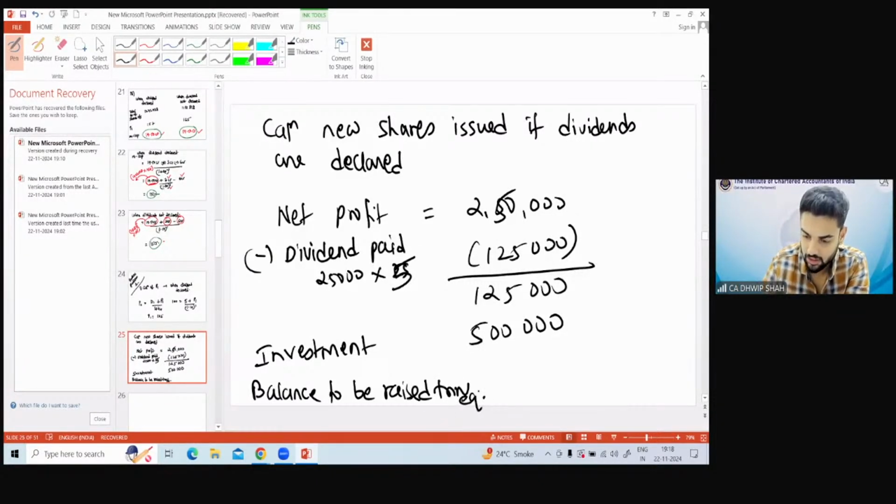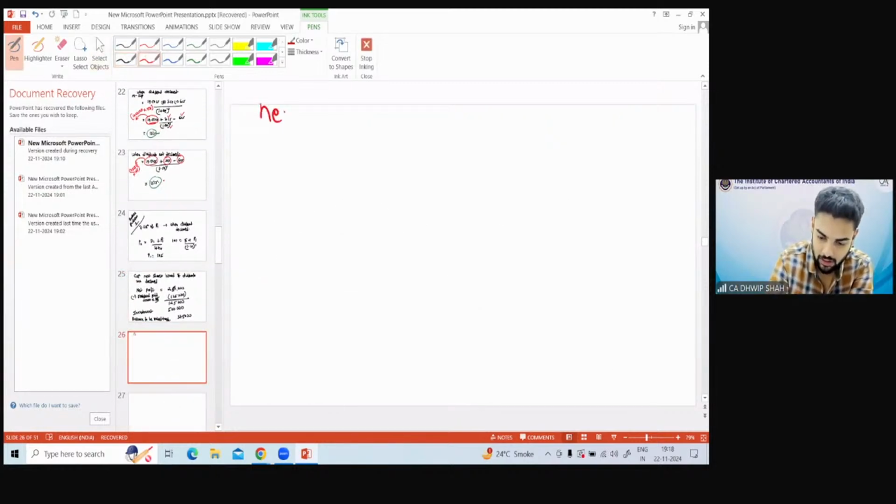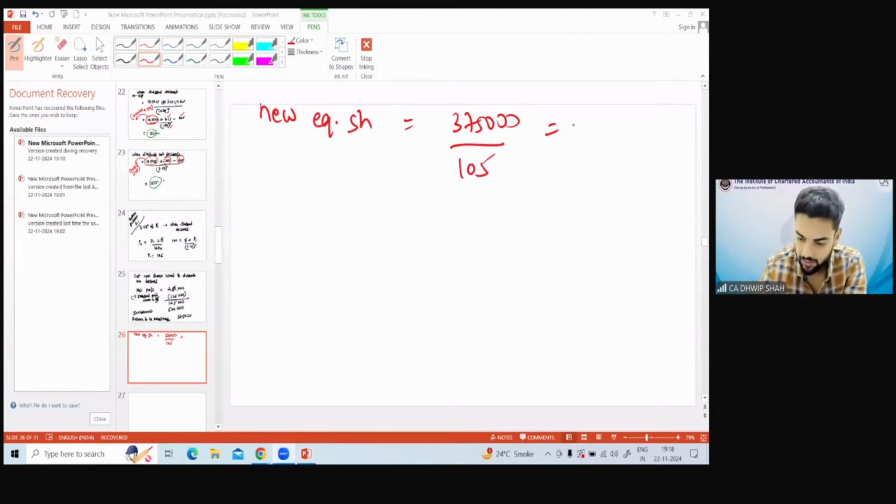Yes, 375,000. So new equity shares issued would be 375,000 divided by 105, which is 3571.